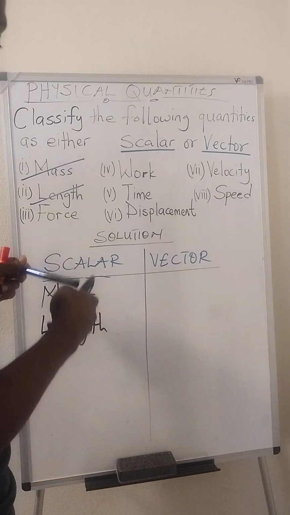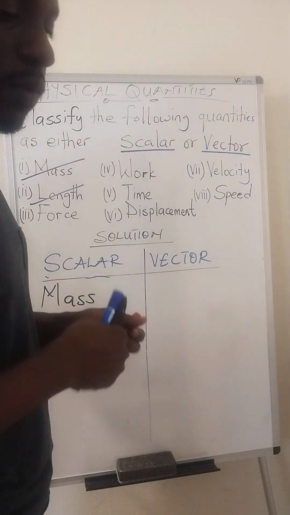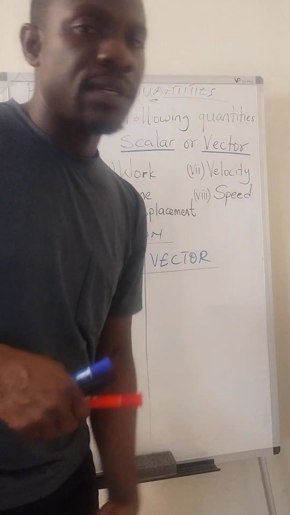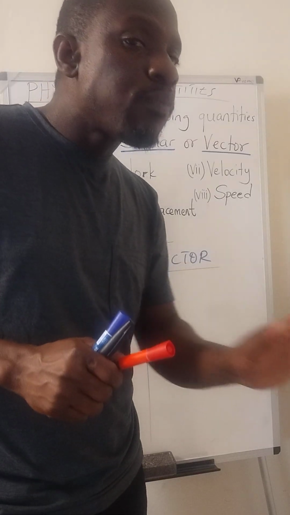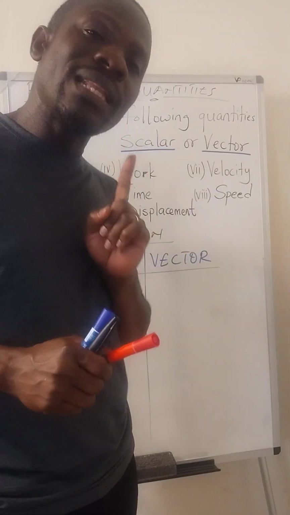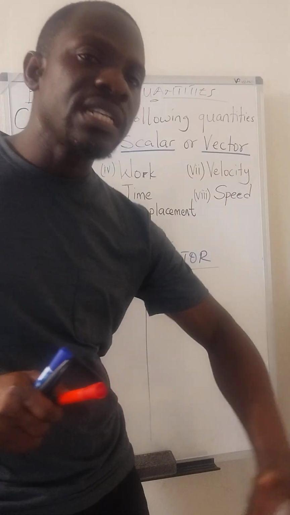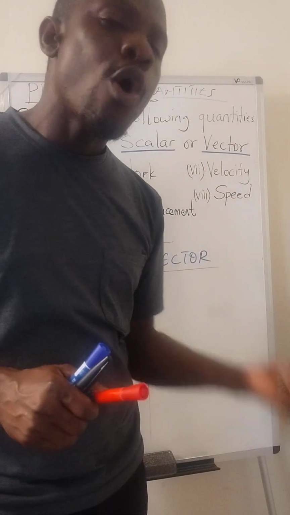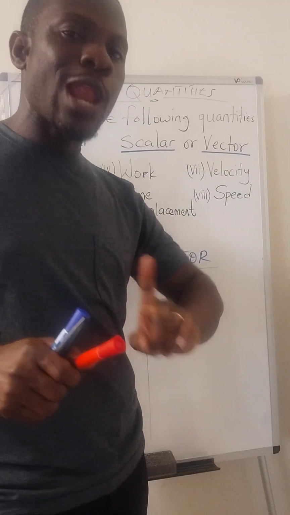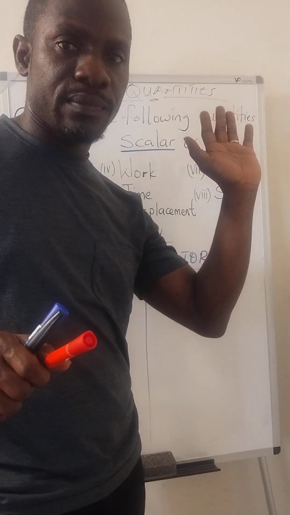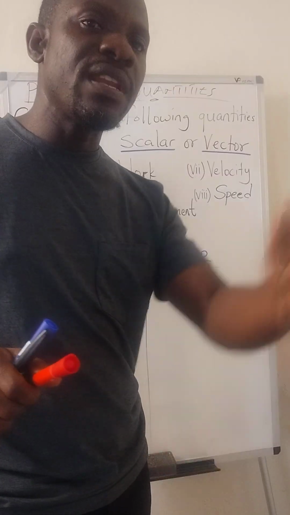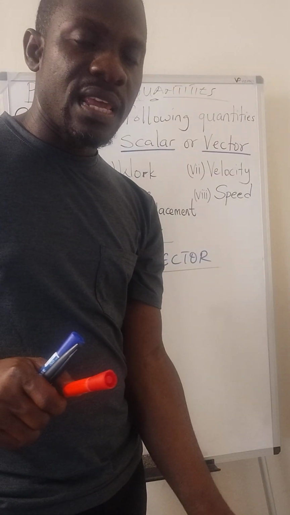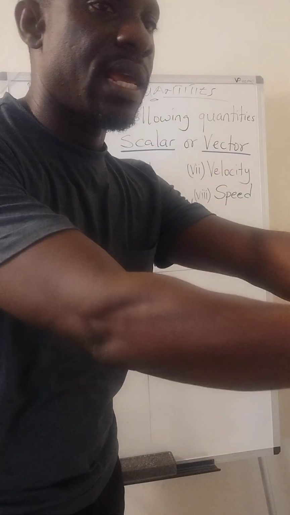And then the third one is force. Now, force, from the basic definition, from a layman's point of view, force is a push or pull on an object. What does it do? It tends to change a body's state of rest or uniform motion along a straight line. So if I'm changing, then it means it is moving in a different direction. If I push an object this way, I am pushing it towards a particular direction.